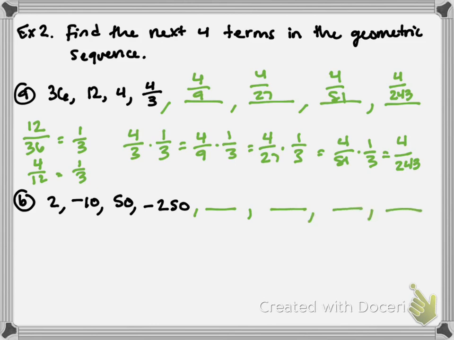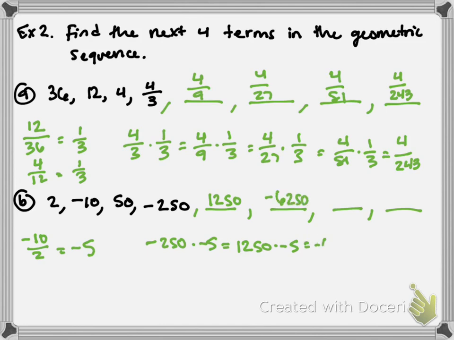Alright, I'm going to do the same thing here. Find my common ratio. Negative 10 divided by 2 is negative 5. So negative 250 times negative 5 is positive 1,250. 1,250 times negative 5 is negative 6,250.